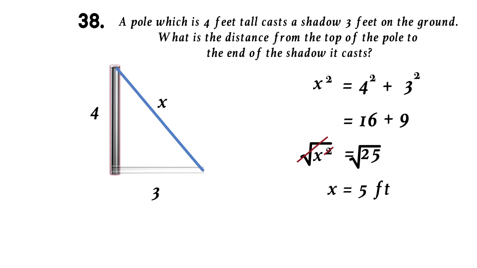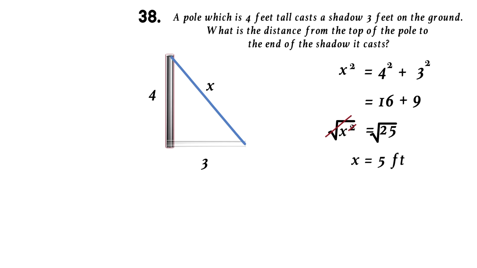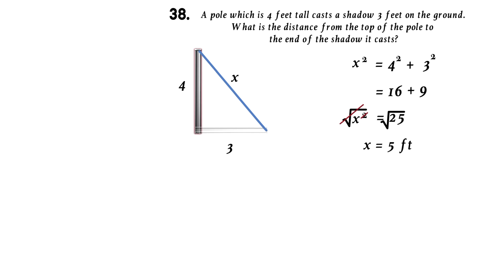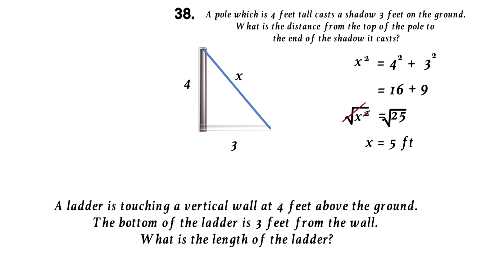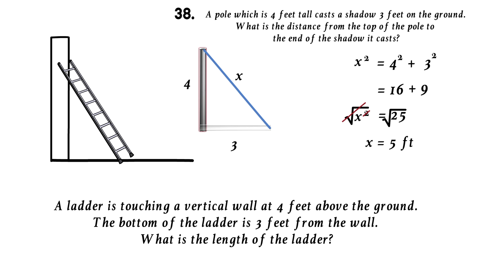Another very common kind of setup used in GED is the ladder on the wall. A ladder is touching a vertical wall at 4 feet above the ground. The bottom of the ladder is 3 feet from the wall. What is the length of the ladder? So the diagram will look like this. The diagram is obviously not accurate.